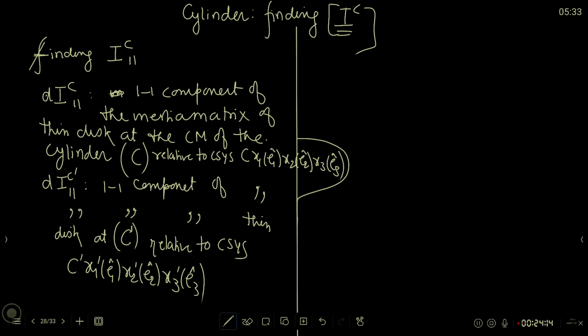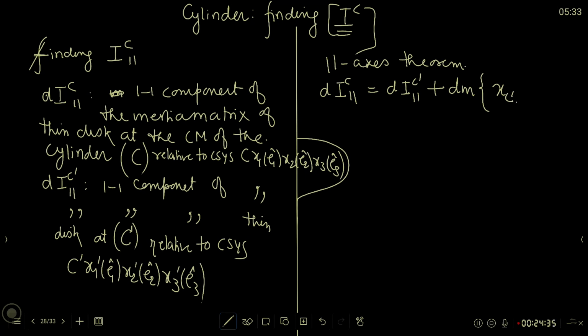Again, using the parallel axis theorem, I can relate dIC11 with dIC'11, and then I will have an extra term here which is dM times (xC'2 square plus xC'3 square).